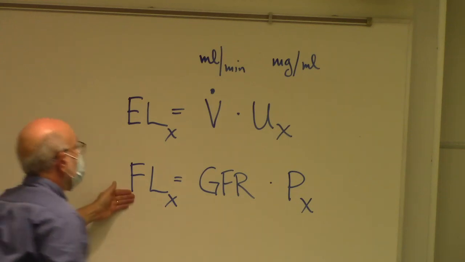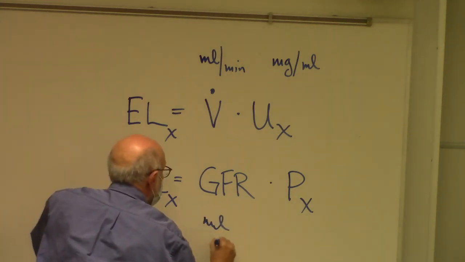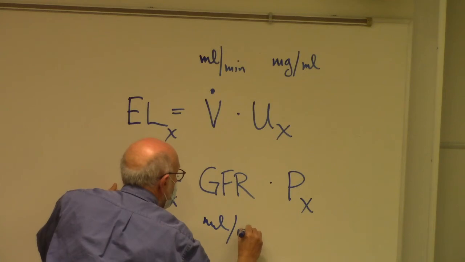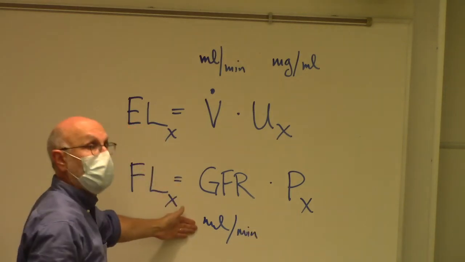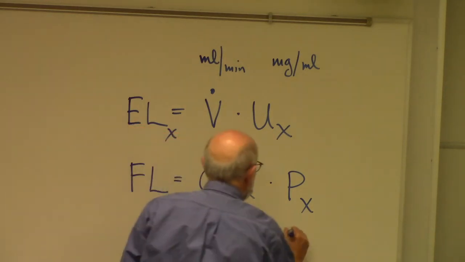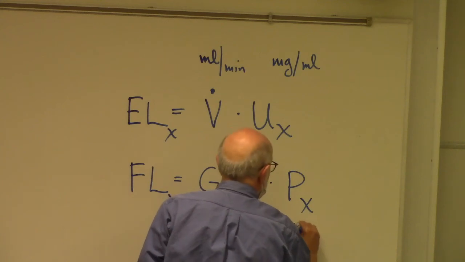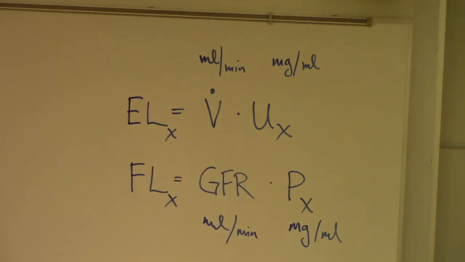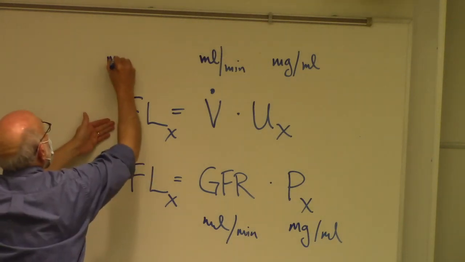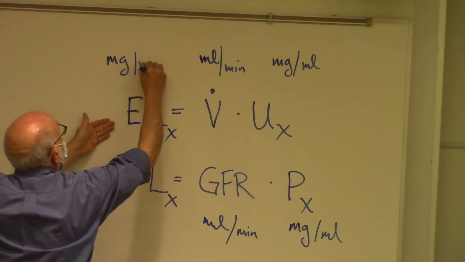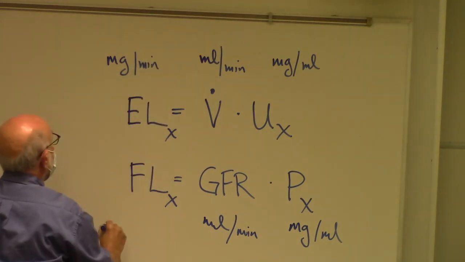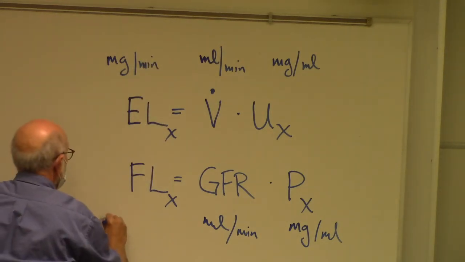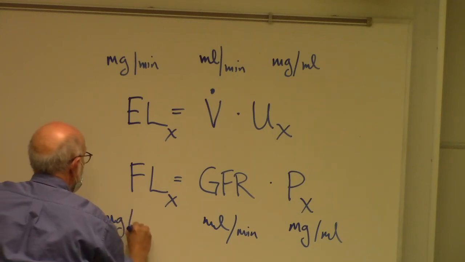And the filtered load: remember, GFR is a flow term times the plasma concentration, again in mgs per mil. So the excreted load is in milligrams per minute, and the filtered load is in milligrams per minute.